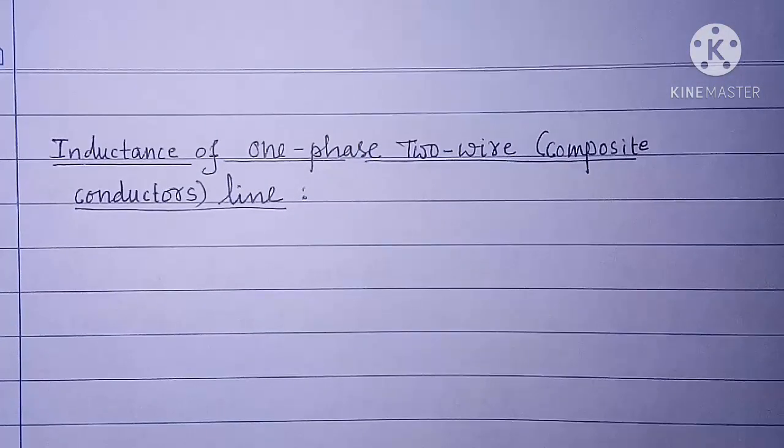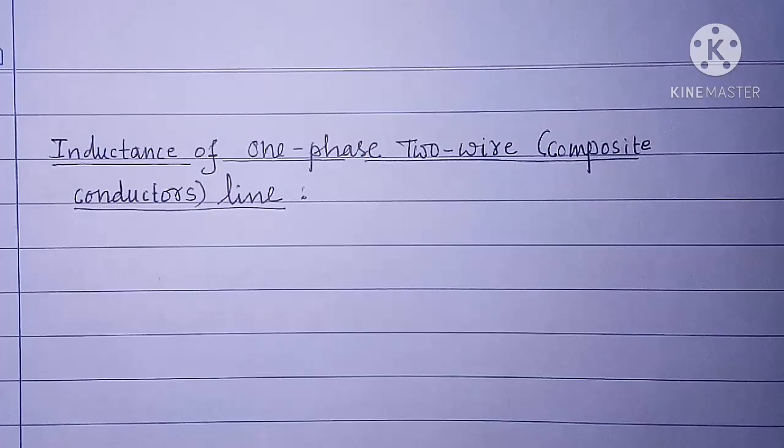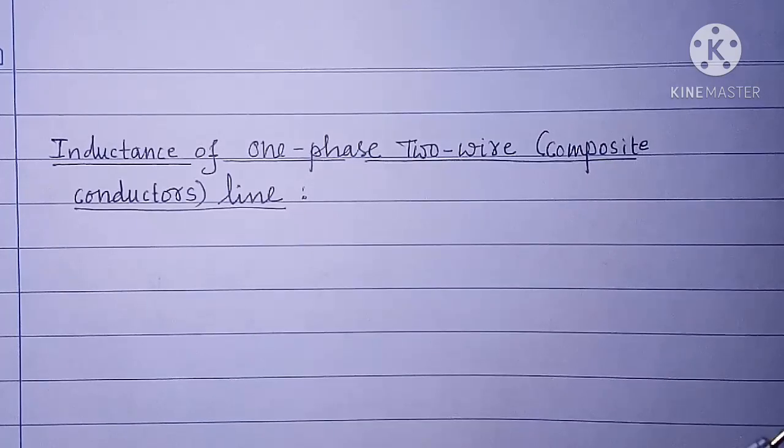Here we will consider a single phase system having two wires A and B. Each wire is having the multiple number of conductors in it.